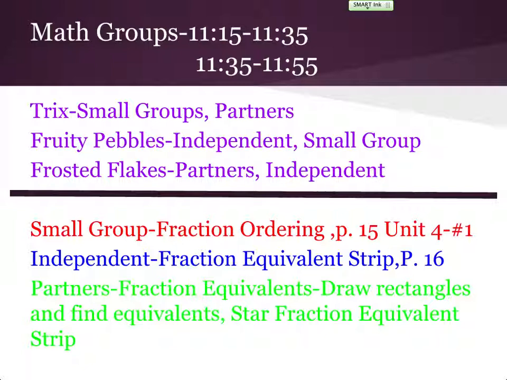In small group, you need to bring back Unit 4, page 15 with you. Independent, you know that you're going to be working on the fraction equivalent strips. Guys, can you sit still because this picks up a lot of moving. And then you'll finish page 16, which was yesterday's work that some of you got to independently.